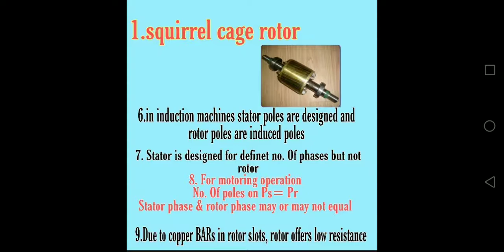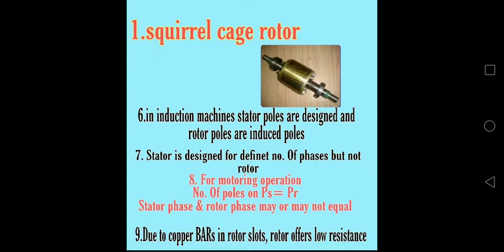Here the eighth point says that if 4 poles are produced on the stator whenever a 3-phase supply is given, the same poles will be produced on the rotor by the induction process. So it is clear that in an induction machine, stator poles and rotor poles are the same in a squirrel cage induction machine.